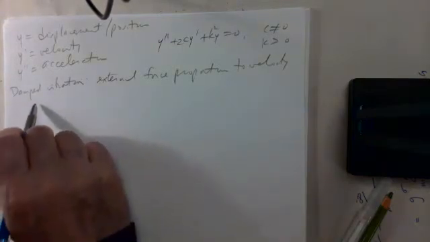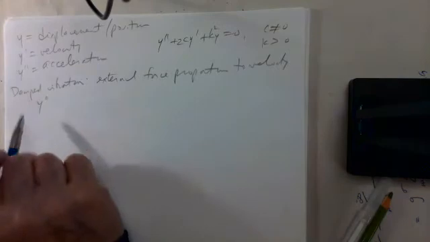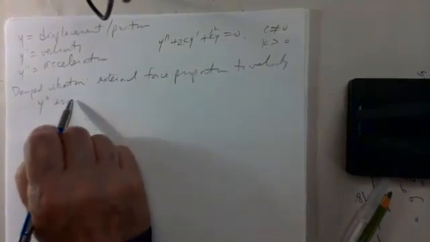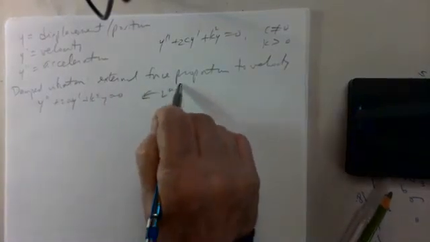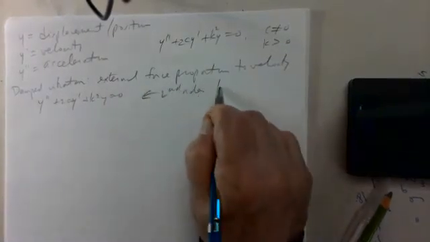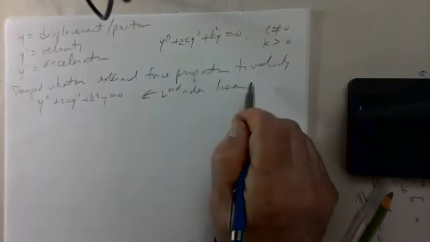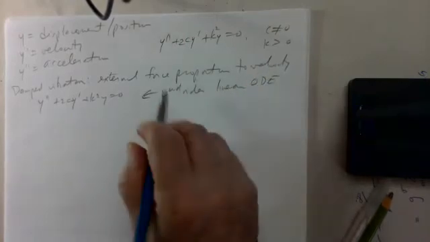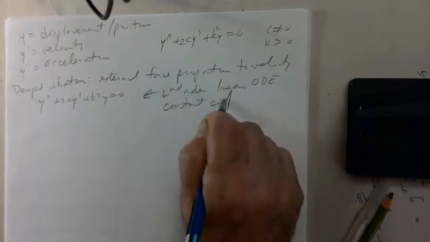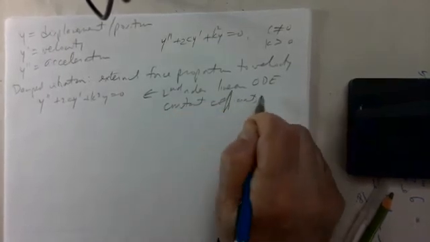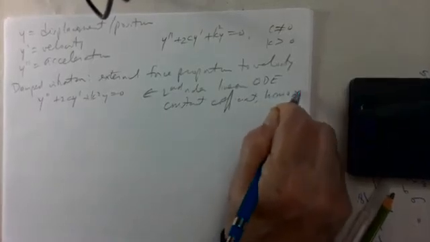So let's go back. Here's my equation, y double prime plus 2c y prime plus k squared y equals 0. This is a second order linear ordinary differential equation, constant coefficients and homogeneous.